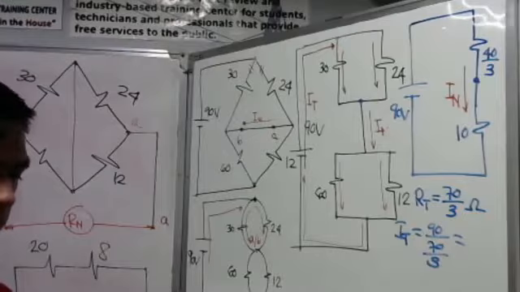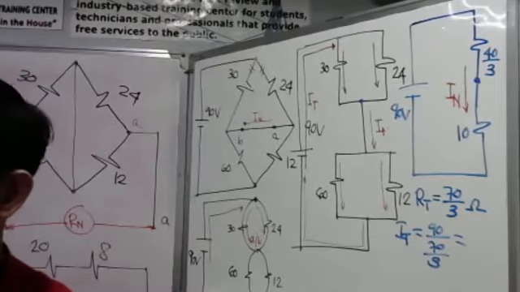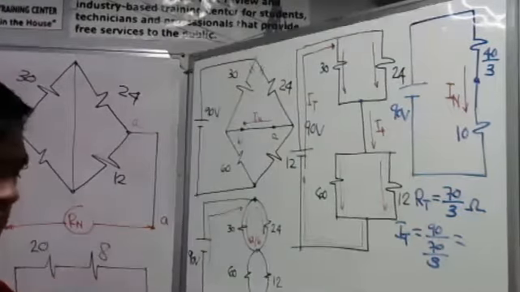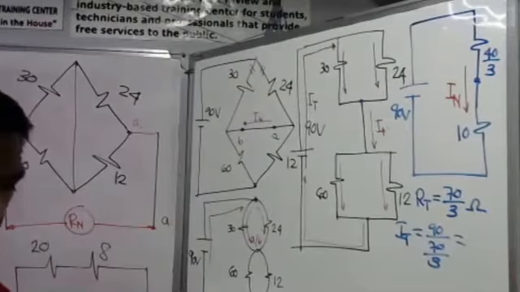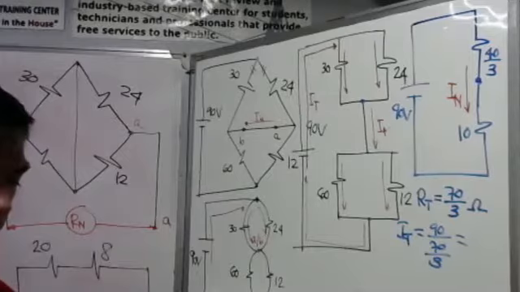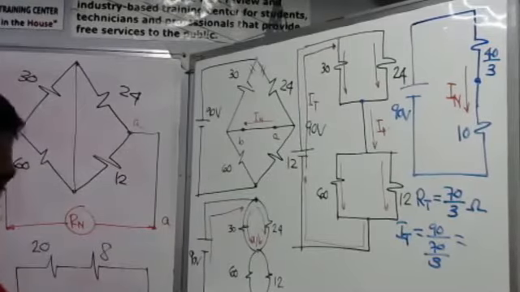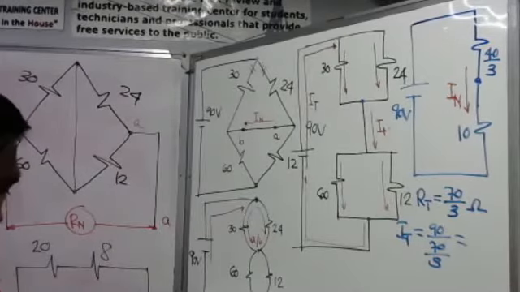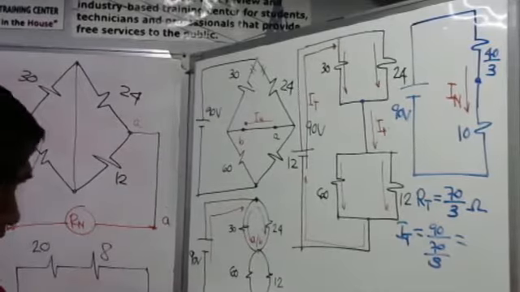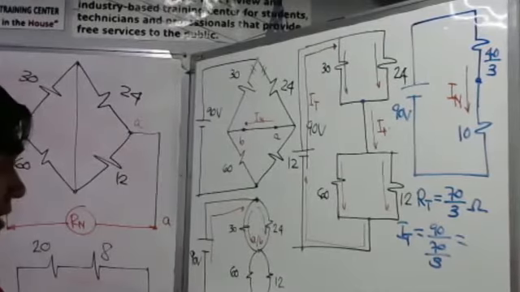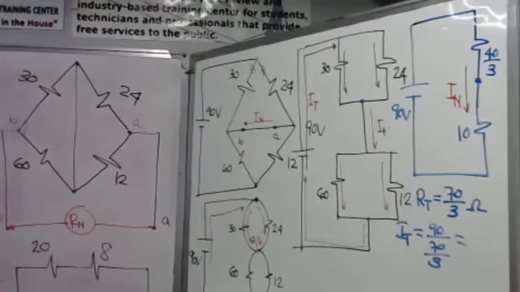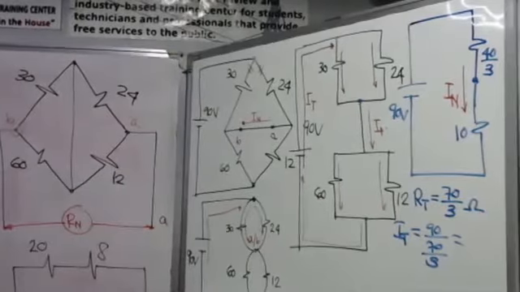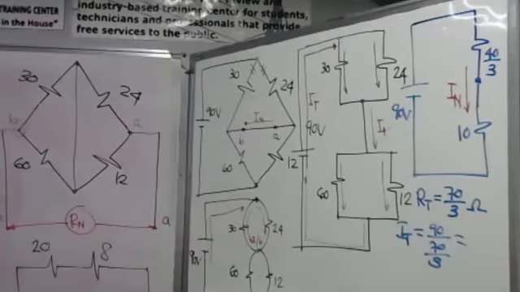Equals. Okay. So we have here 90, we have 90, okay. Our total voltage is 90 volts, right? So we have 90 volts here. Is that right? 90, right? 90 or 120? Okay, I will double check the figure.